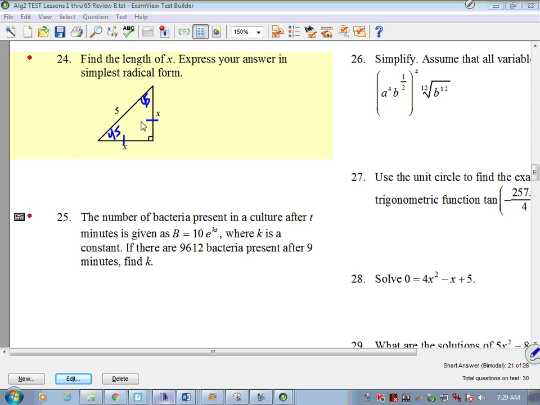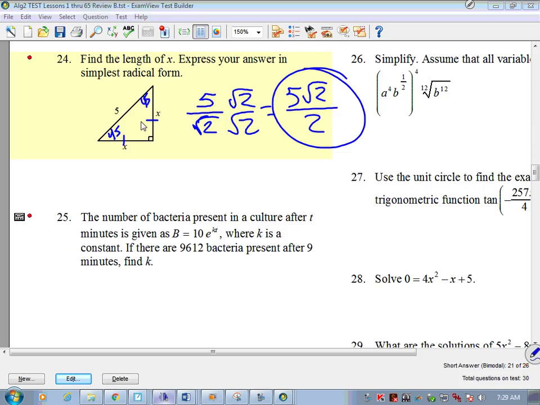Okay, so our ratio is x to x radical 2, so essentially what I need to do is take 5 divided by radical 2, not radical 5, multiply by radical 2 over radical 2 to rationalize the denominator. You're going to get 5 radical 2 over 2.